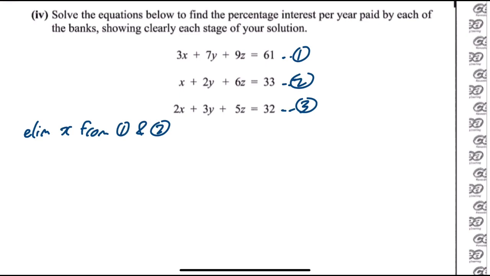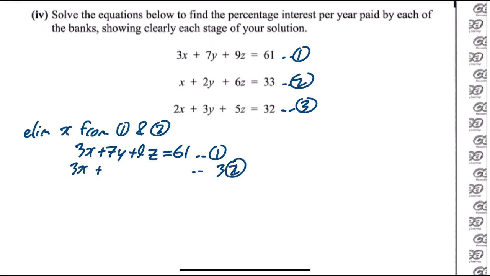So I want to get the same number of x's in both equations 1 and 2. First of all, I'll write down my equation 1. It was 3x plus 7y plus 9z, and it's equal to 61. If I multiply my equation 2 by 3, so I'm doing 3 times equation 2, and notice I wrote that down first. Keeps me right.